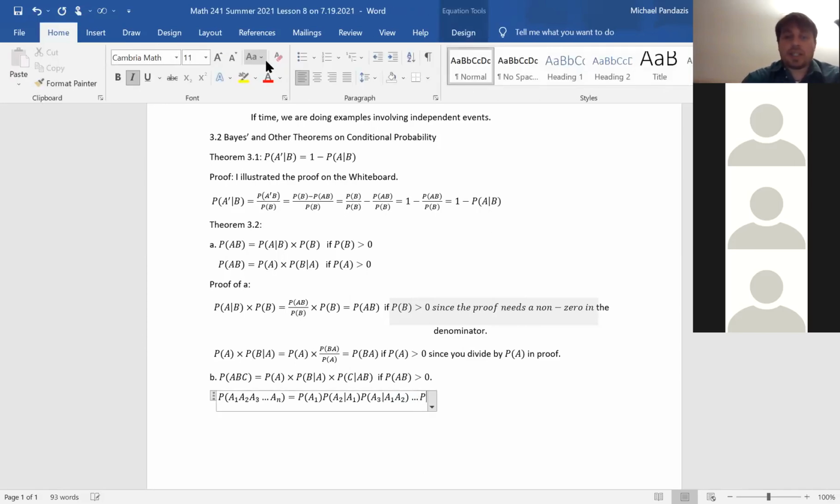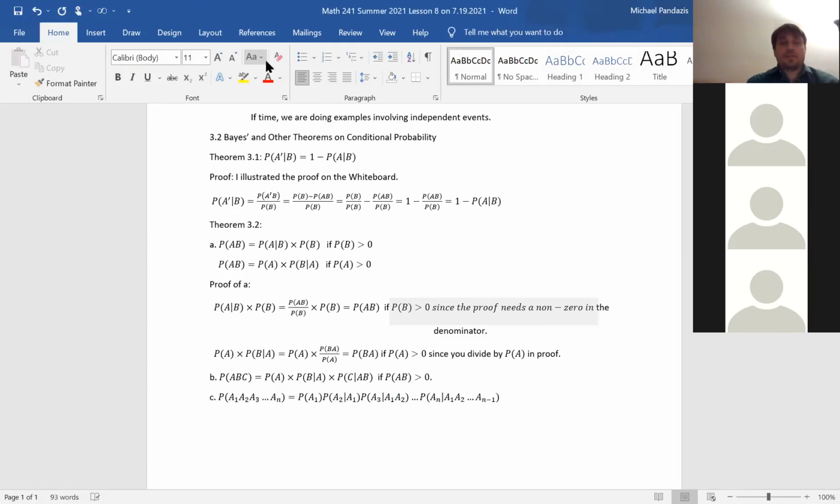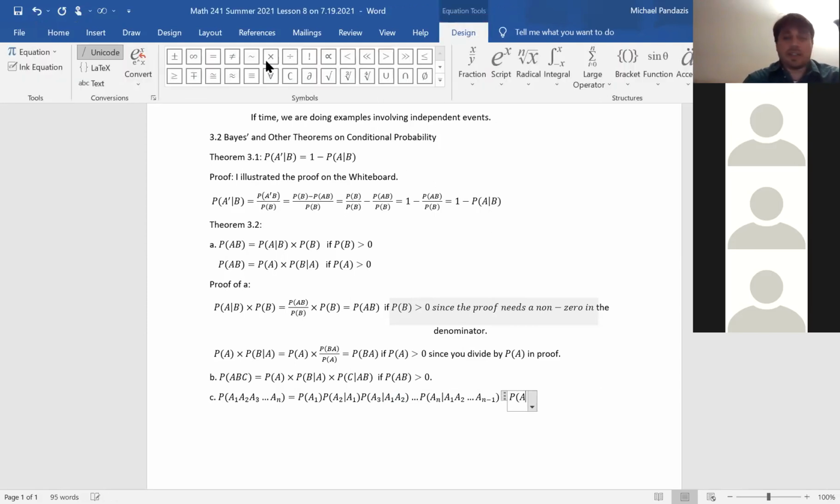Continue the pattern, and the last one is P of An given A1, A2, up to and including A sub n minus 1. That's part C. And this is if the probability of A1, A2, up to A sub n minus 1 is positive.